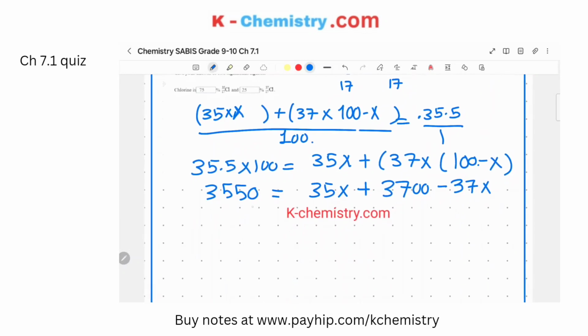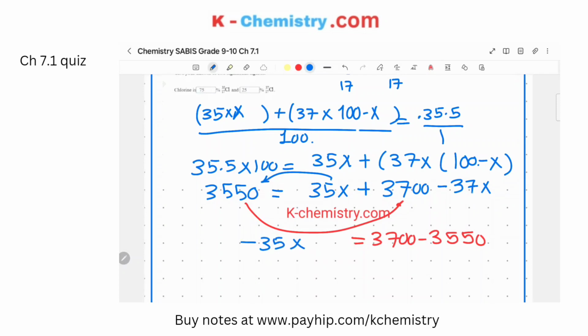Now if you put these values on the other side, it will be 3700 minus 3550, and minus 35x and 37x on the other side. So you get 2x is equal to 150, so x is equal to 75.